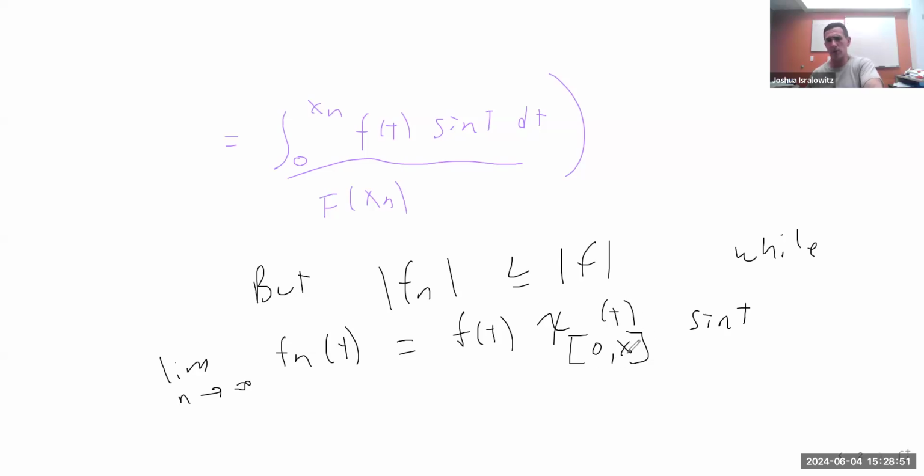It could be true at t equals x. So you definitely know this is true. All right, so the dominated convergence theorem gives me exactly what I want.